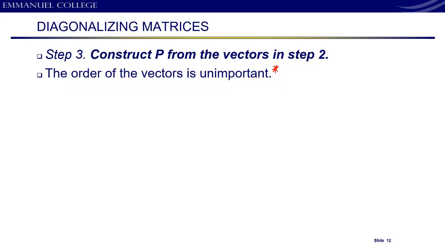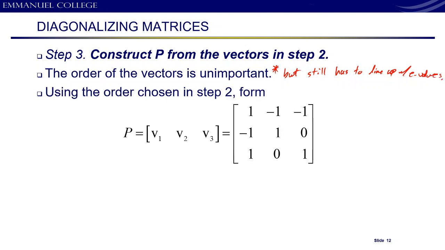The order is unimportant, but it still has to line up with, I'm going to say E values just because I can't write it all. So this is our eigenvector matrix.